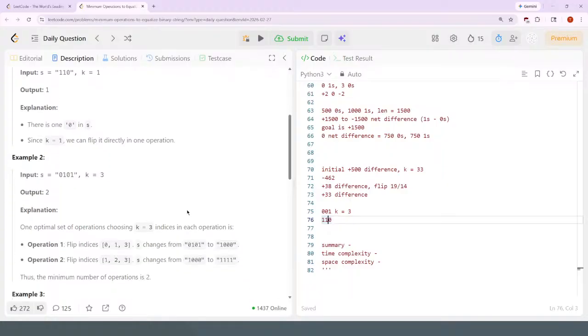How would I solve this coding-wise? 0, 0, 1, 1. So if I simulate the number of zeros and number of ones.